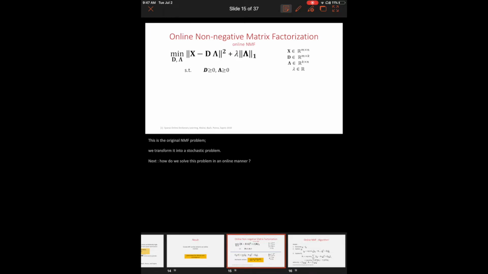Then we can write this minimization in terms of an expected minimization function. And although this problem is still non-convex and NP-hard, it becomes easier to solve and easier to prove guarantees for them. So for this expected version of the problem, let me present the algorithm by Mairal et al.